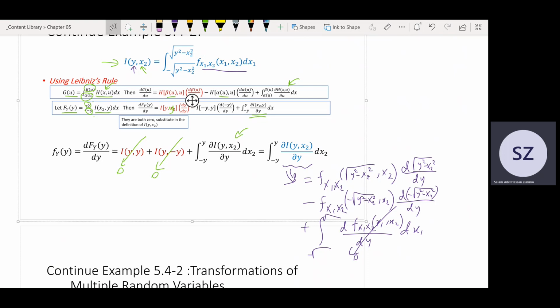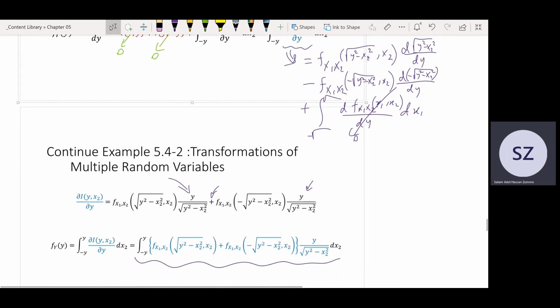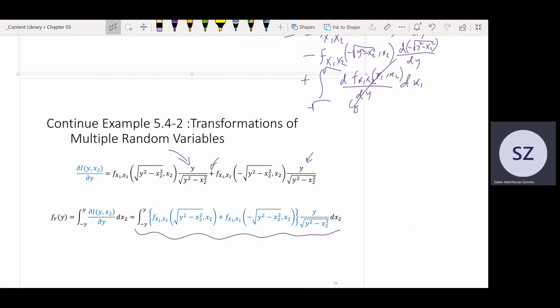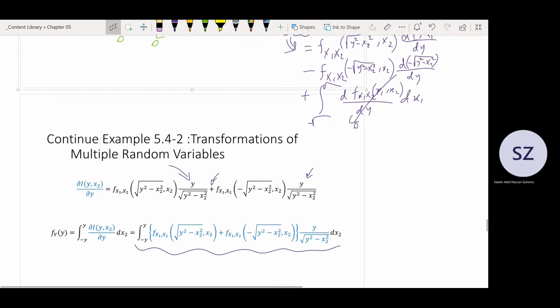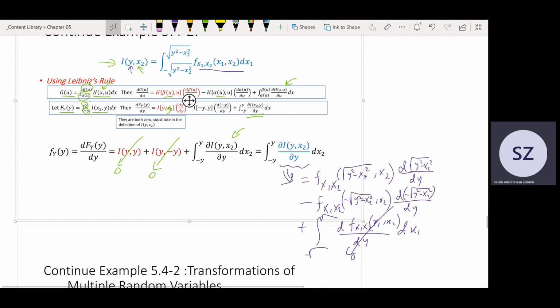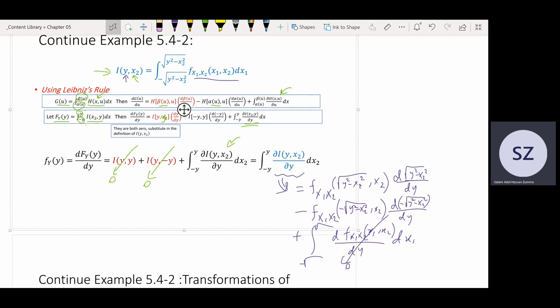It's the same integral, but the other term is an integral, the same integral, the same limits, the same thing, but the function with respect to dy. Any question? This integral became zero. This integral is to find what this is. However, the PDF is another integral from minus y to y dx2 of this. This we have now found.